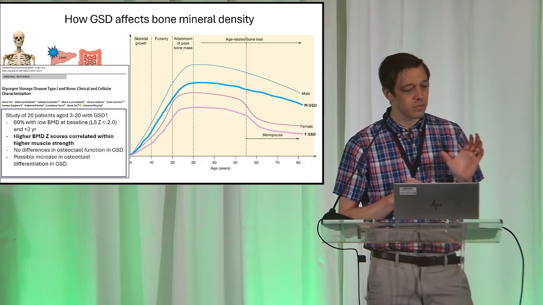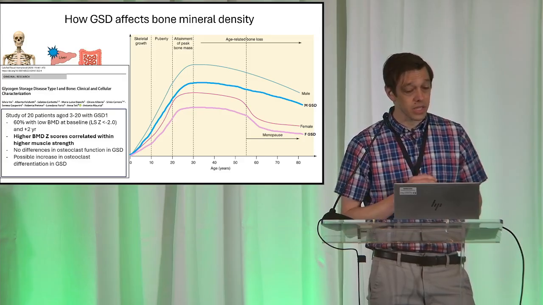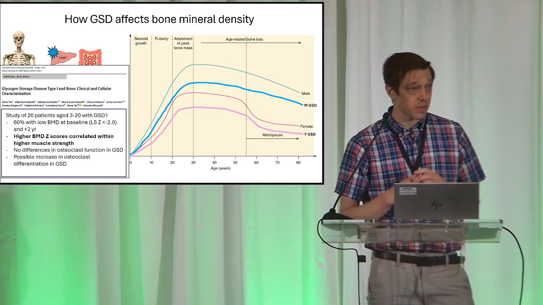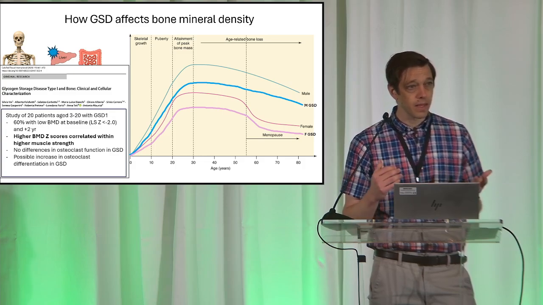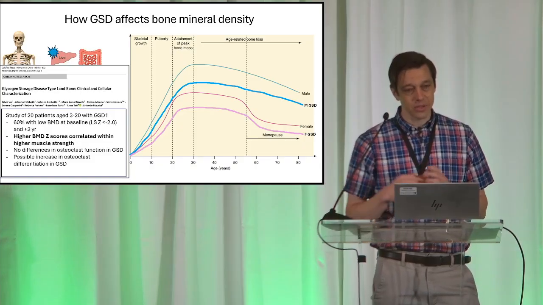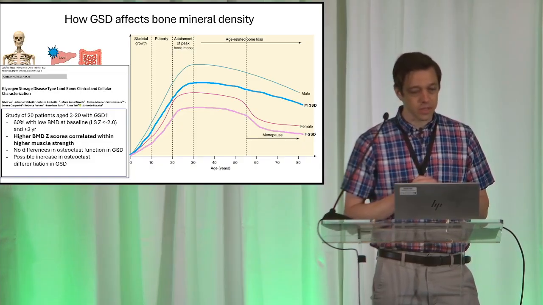Using a slightly smaller population, 20 younger patients with GSD1, age 3 to 20, they found very similar data: about 60% at baseline had low bone mineral density, and that percentage was maintained about 2 years later on reassessment.